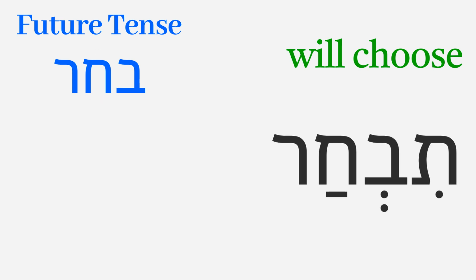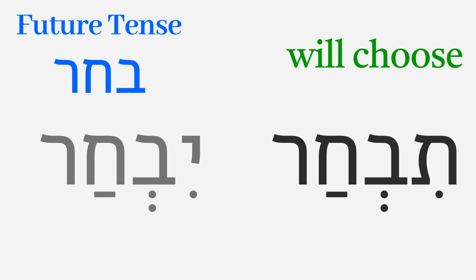When the second root letter is an aleph, ein, chet, or hey, and we add endings onto the forms tivchar, you will choose masculine singular, or she will choose, or yivchar, he will choose, the vowel does not shorten to a shva, as with regular roots.